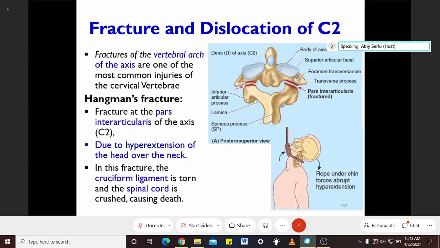Most of the time, the vertebral arch is a common site for fractures of the C2.